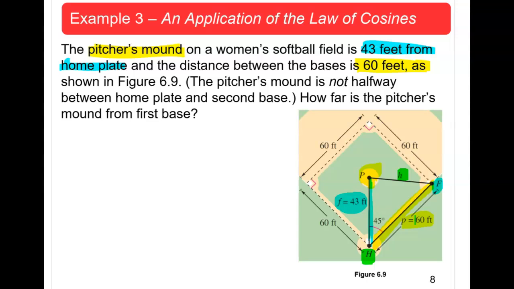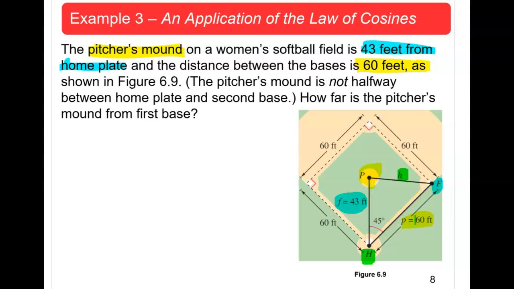I know it's not given to us here, but first of all, we know that we have a square here, so we can consider that a right angle.